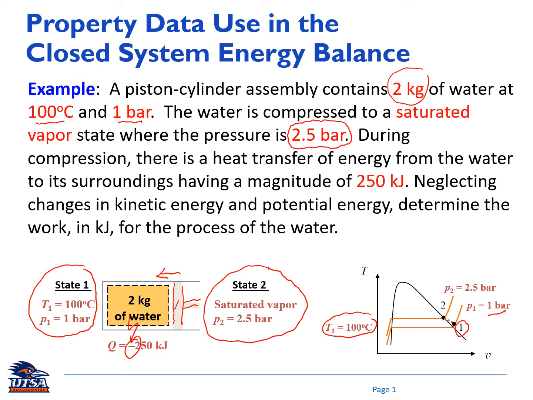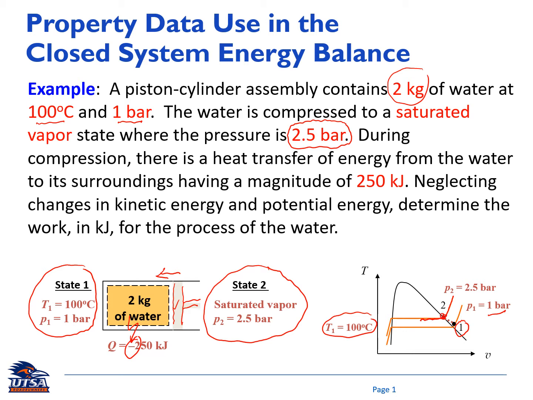And then the system is doing compression work to state 2, and this state 2 is saturated vapor at 2.5 bar. So here I have the second pressure line at 2.5 bar, and point 2 is at the saturated vapor line.